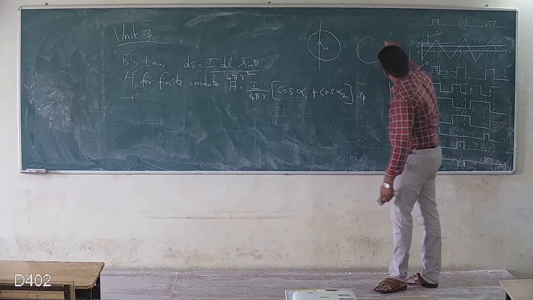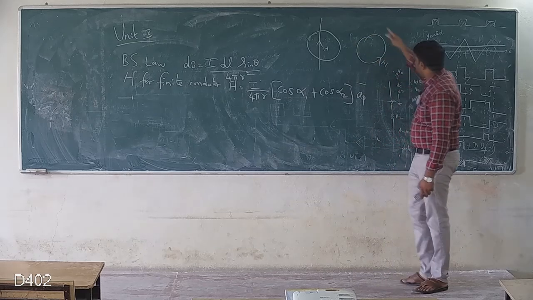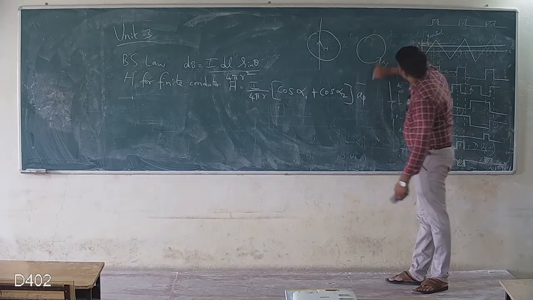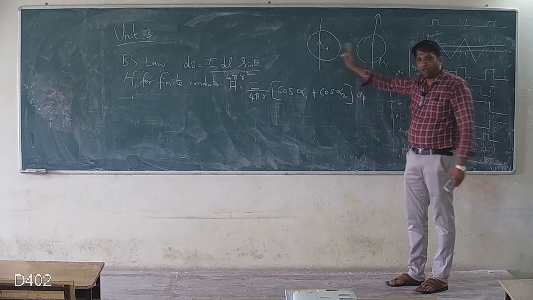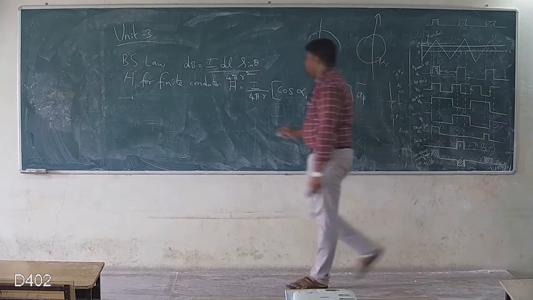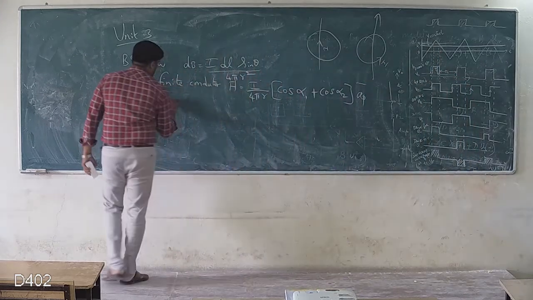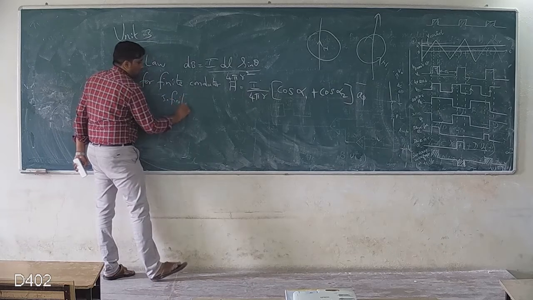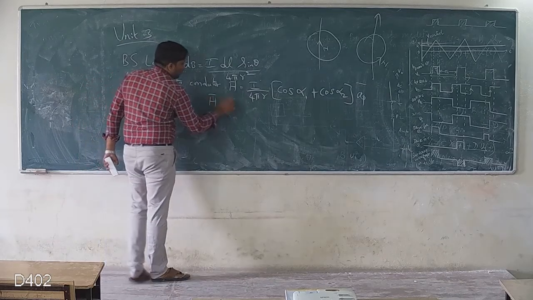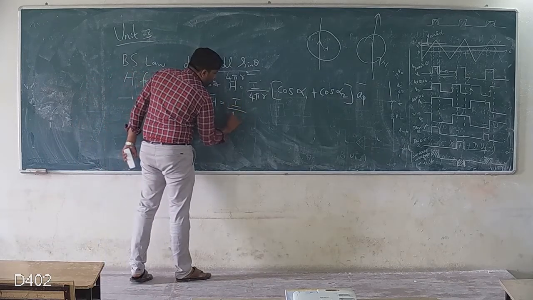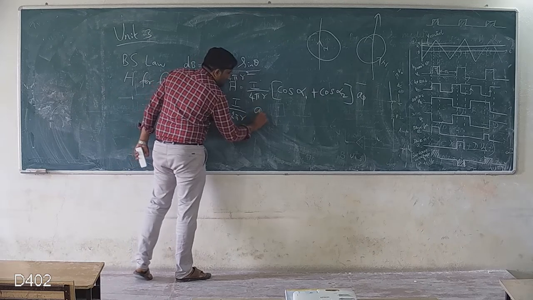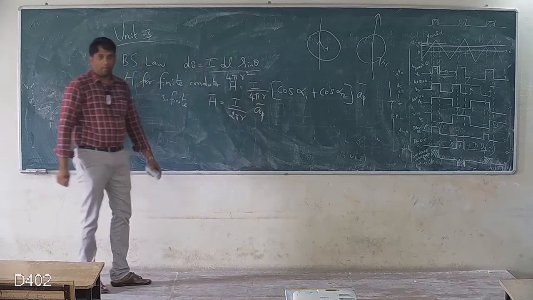Whenever the current is flowing in the circulating direction, then the flux will be normal. So that is a converse. If it is of infinite nature, for such a case H vector is equal to I divided by 2 pi r in the direction of A phi. This is the second set of problems we have solved.